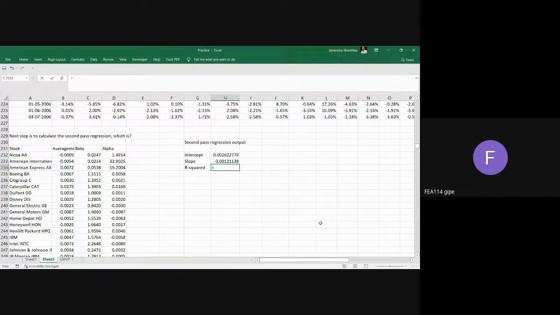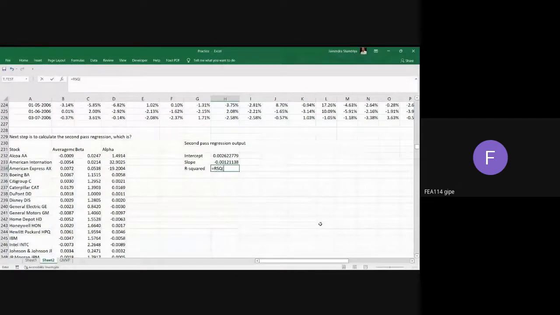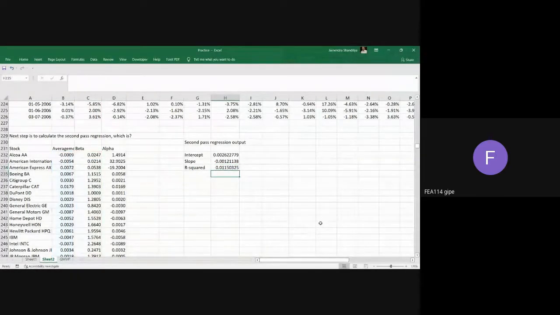And then finally we calculate the R square. So as you can see, we have got the intercept, slope, and R square.